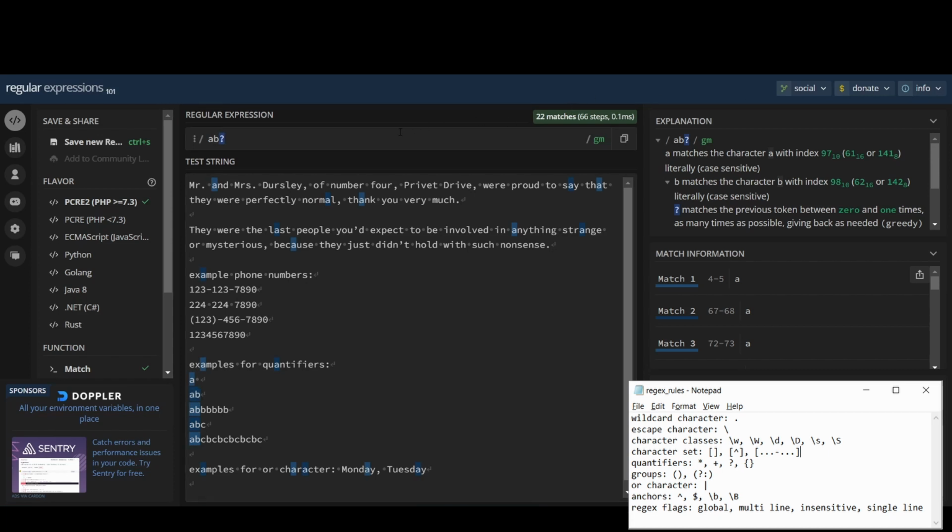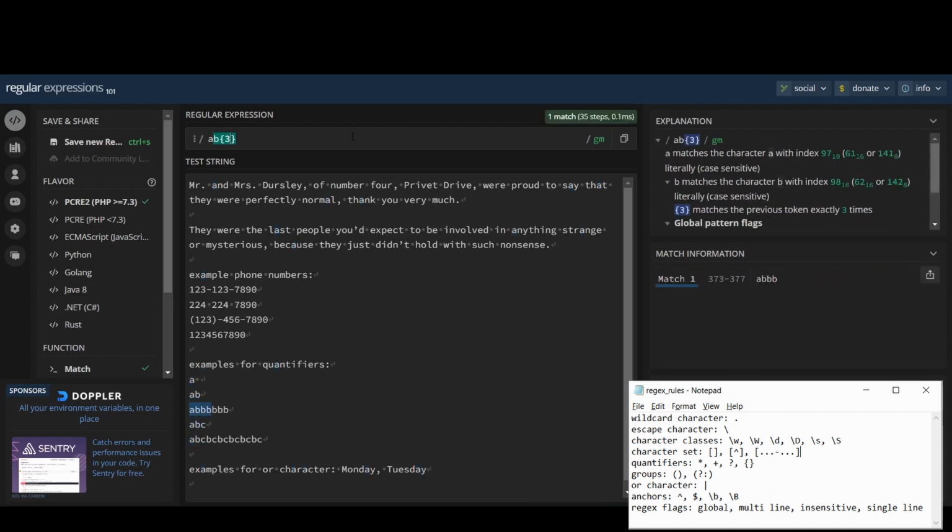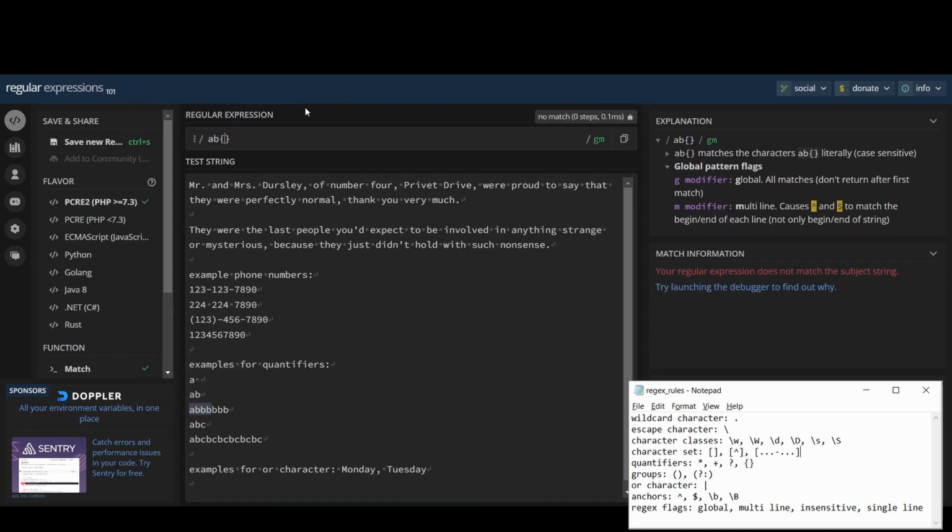If we want to have a specific number of repetitions, we can use open and close curly brackets. So for example, if we type AB, open and close curly bracket of 3, it means that we only want the letter B to be repeated exactly 3 times. As you can see, we are finding the match ABBB with only 3 B's. We can also do a lower bound and upper bound.